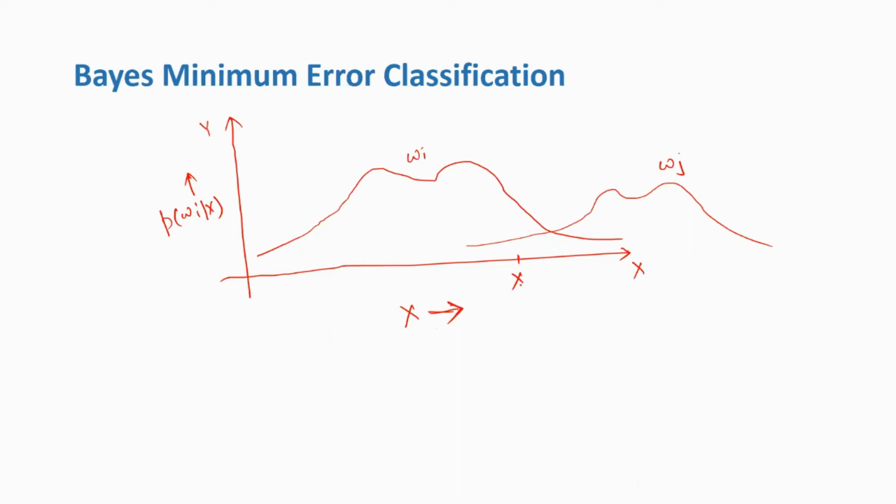So given any feature of any image, x, there is a chance that it will have the higher probability that it will belong to omega I, correct? But there is also a very small probability, very little chance, that it may also belong to omega j class, correct or not, guys? Do you guys agree with that?